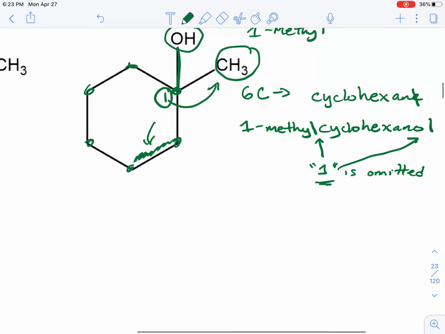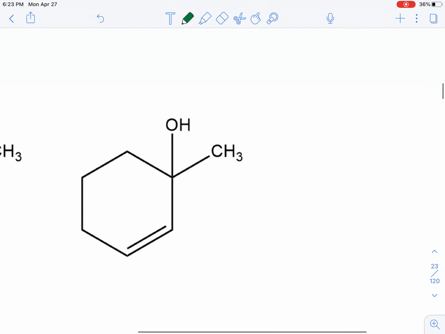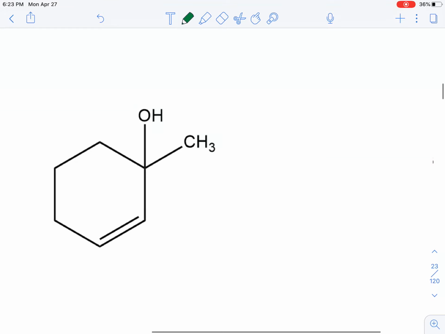All right, so we're going to look at another example. This time we have a double bond. Same scenario, we have an alcohol and a methyl group, but now we have a double bond. So how would we incorporate that double bond in our naming scheme? Well, since there's an alcohol on a cyclic ring, we know this is carbon number 1. And if we count the number of vertices, this is carbon number 2, 3, 4, 5, 6. So it looks like I have 6 carbons.